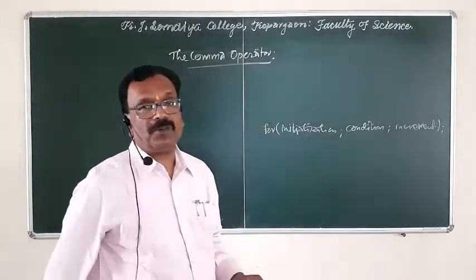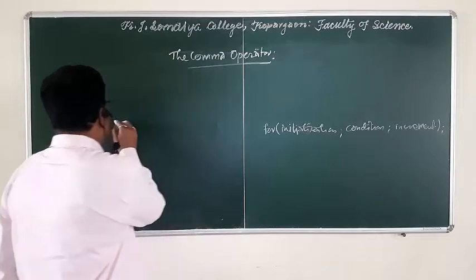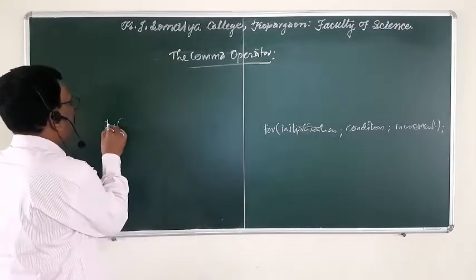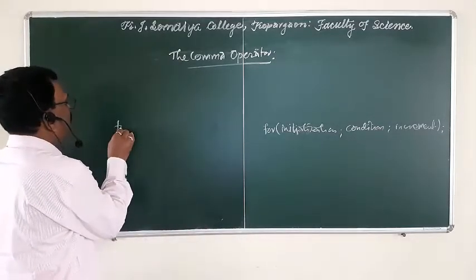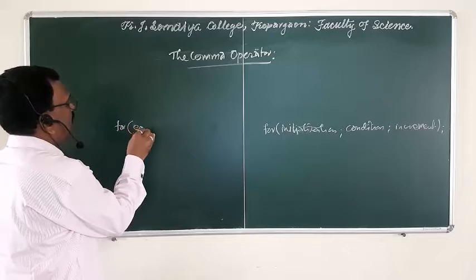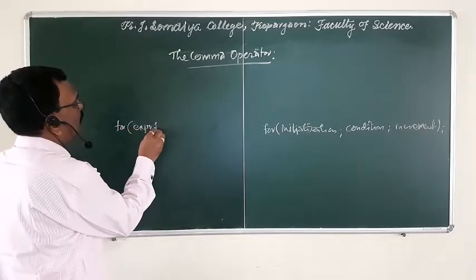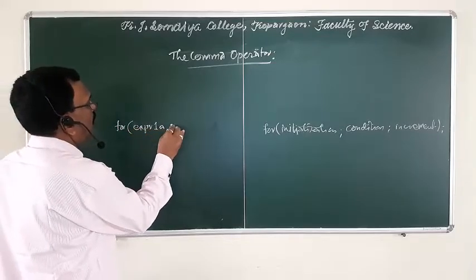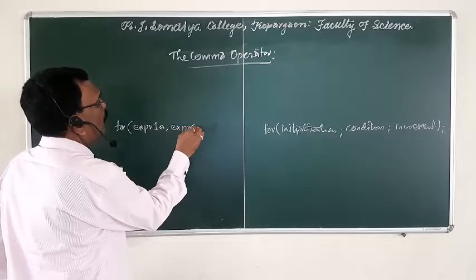See here the general form or syntax for the for statement: expression 1a, comma, expression 1b.